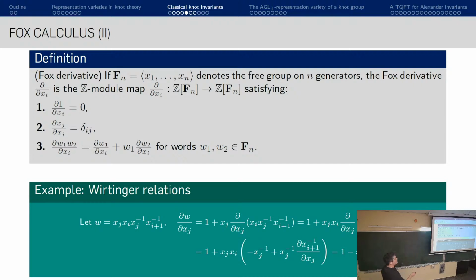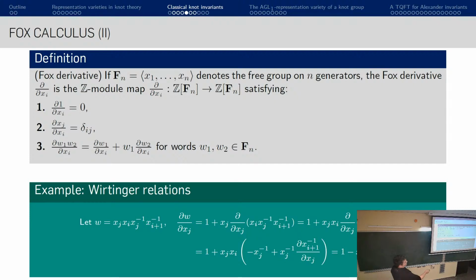So let's compute the derivative with respect to xj. The derivative of xj with respect to xj is 1 plus xj times the derivative of what's left. That derivative there is 0, so we forget about it, and then it survives, so it's xj, xi. And then when you need to compute the derivative of that product, this is a difference with respect to ordinary derivatives. The derivative of xj raised to minus 1 is minus xj raised to minus 1.